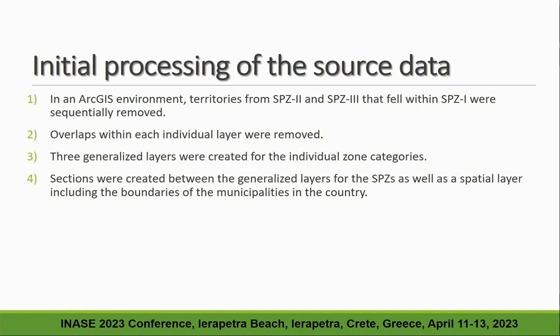In the initial processing of the source data, topological processing of the spatial data for the different zones was performed. Overlaps were found both between individual layers and between polygons, including within each individual layer. The topological rules must not overlap, to detect overlaps between layers, and must not overlap, to detect overlaps between the polygons within a layer, were used.